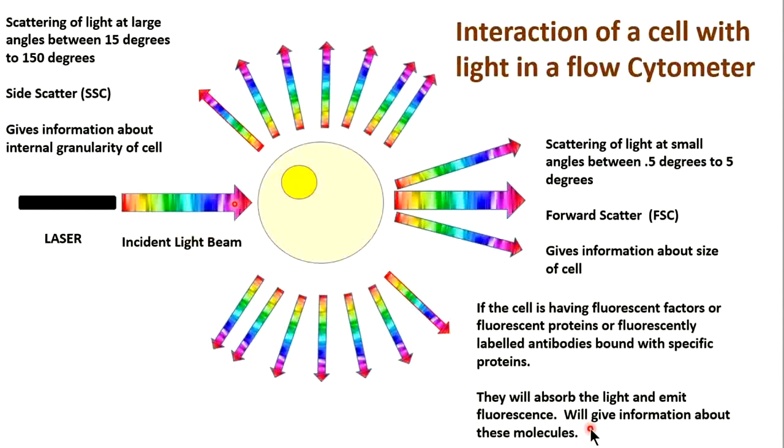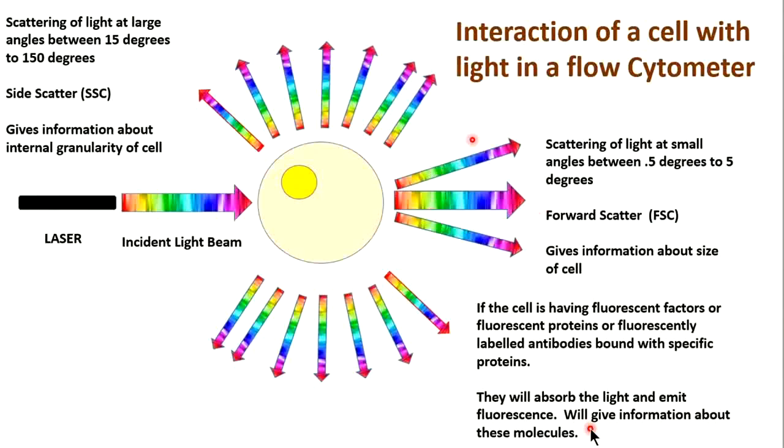First, this light can have scattering. Scattering means it can collide with the edges of the cell and scatter. Scattering means it is not following a straight line path, but it is going in some other direction. So a straight line is coming at 0 degree, you can say, and then suddenly it is scattered at some angle.